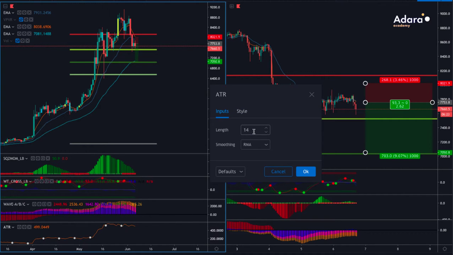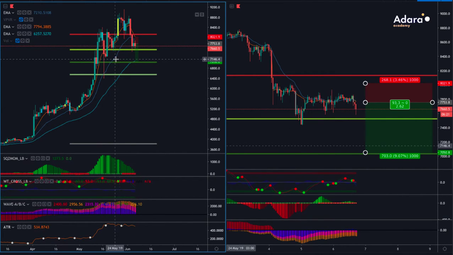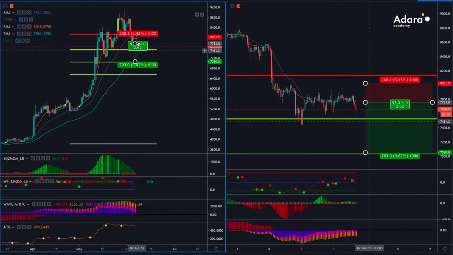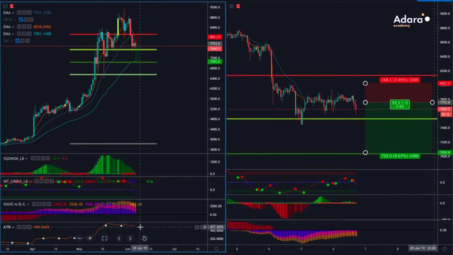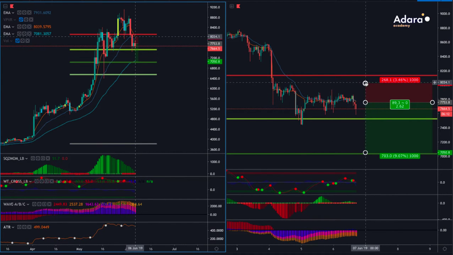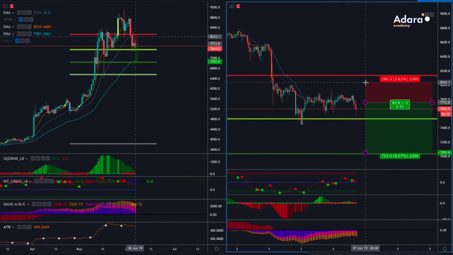So it takes the past 14 days, and then it shows the average range on those days. So the average range is 500. So 250 would be the top. If we're starting here, 250, we can even go a little bit further.